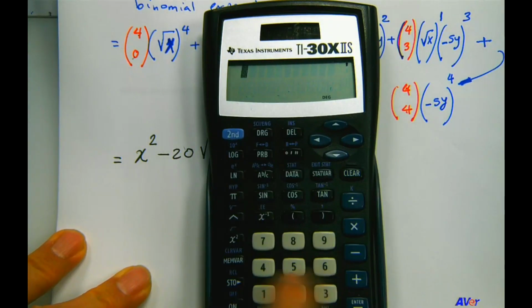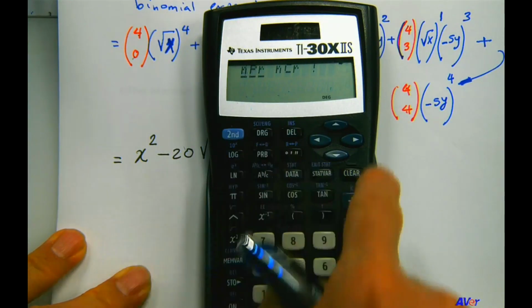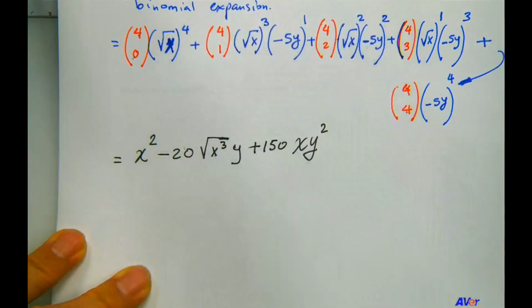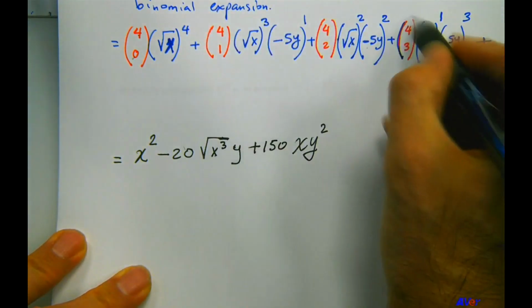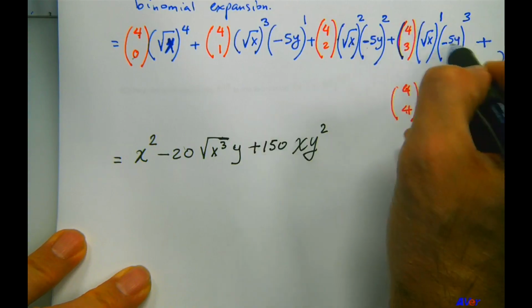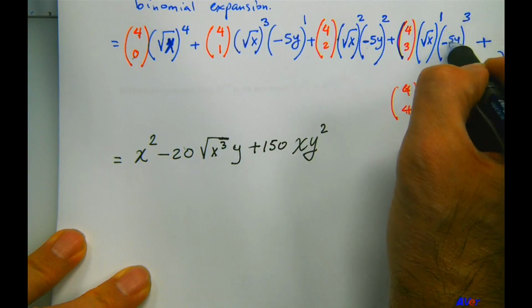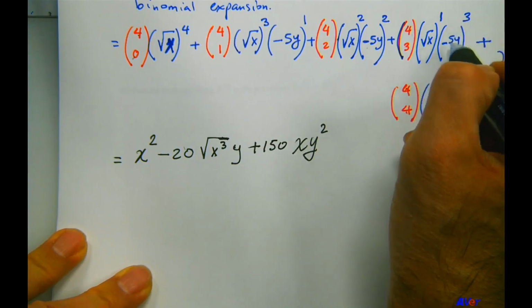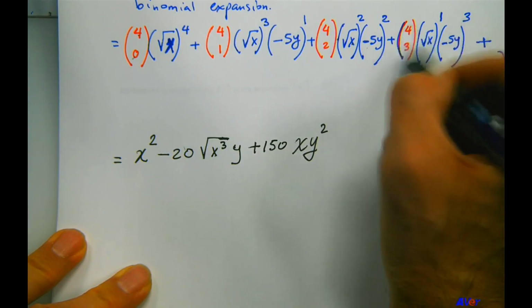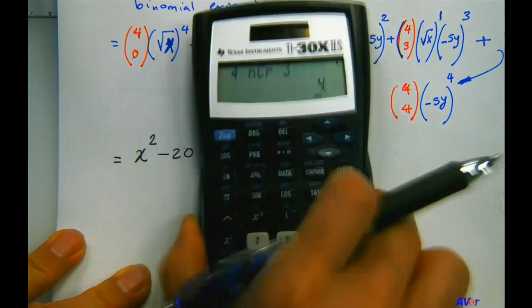4 choose 3 is 4. I've already calculated that. But then we have a minus 5 cubed here. Minus 5 cubed is minus 125. Minus 125 times 4, it should be 500, is it?